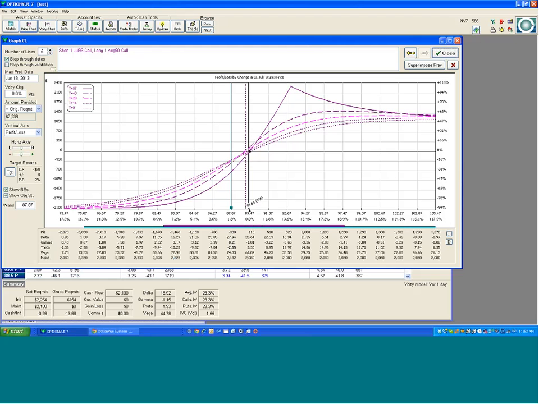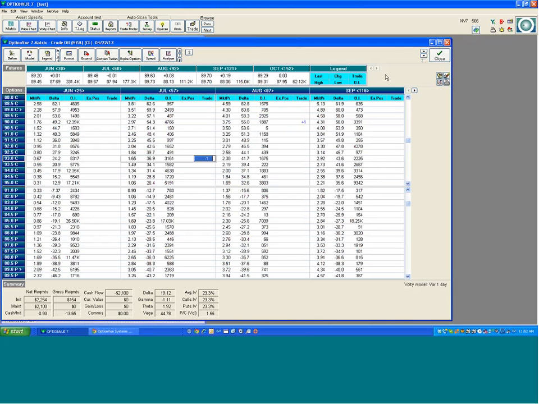And you'll notice here's what you would need to do. You'll see that the delta on this position at this level is 27.94, essentially 28 deltas long. So you have to say to yourself, I want to get approximately 30 negative deltas. How do I get 30 negative deltas? Well, there's many ways of doing it, but one of the ways of doing it is to do a credit call spread.